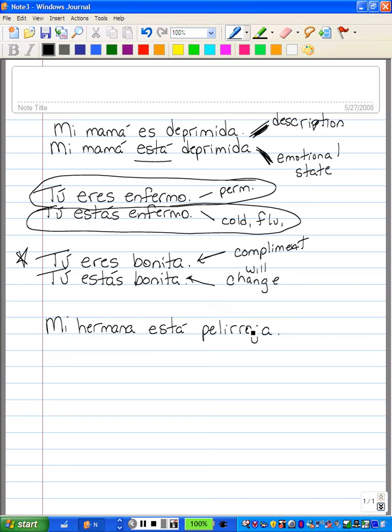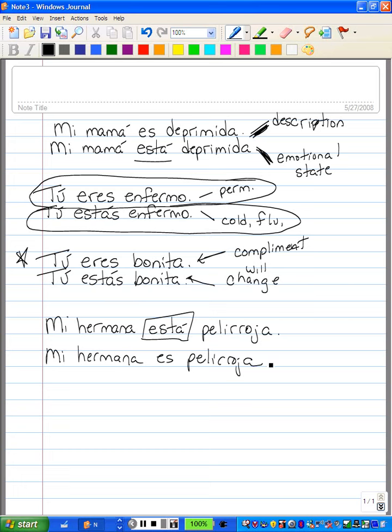Mi hermana está pelirroja says my sister is redheaded or red-haired. And what this means, está, means that you're implying that she's not that way by birth, that she's changed it, or it can also imply that she changes it quite often. If she was born a redhead and she's still a redhead, then you would say, mi hermana es pelirroja.